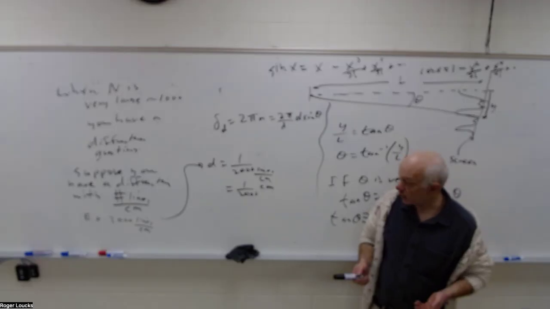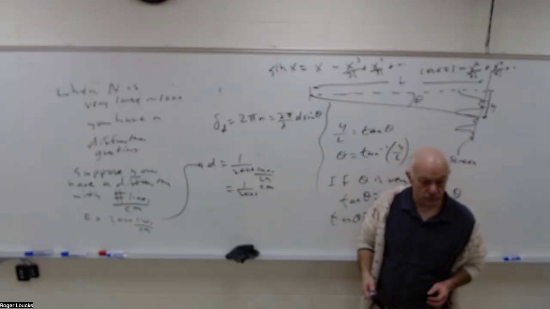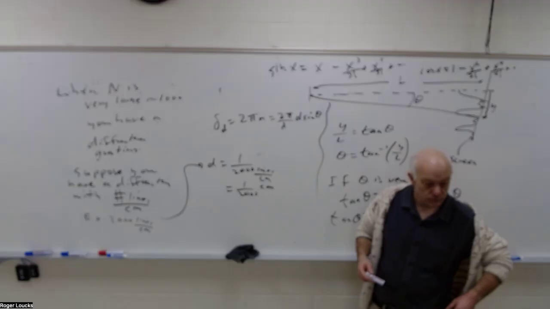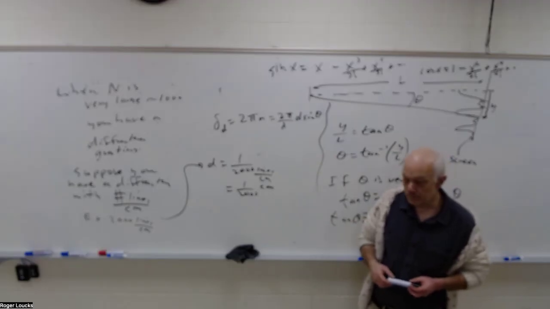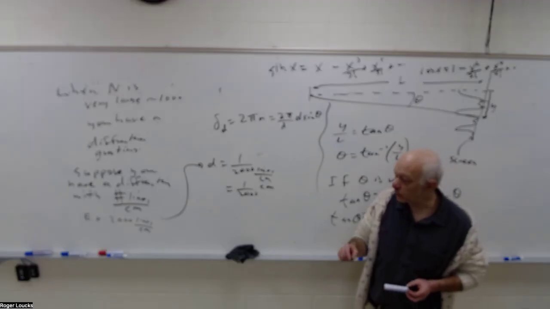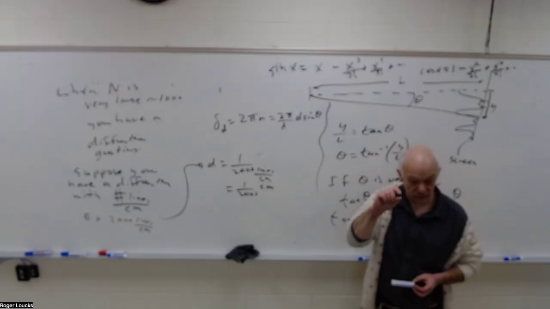And if you're doing spectroscopy, everything is usually done with diffraction gratings, with some elaborate setups. That all makes sense. Now what we want to start doing is accounting for the width of the slit.